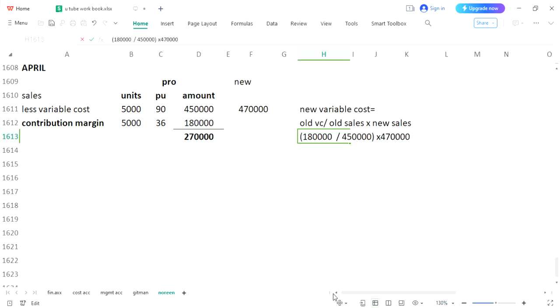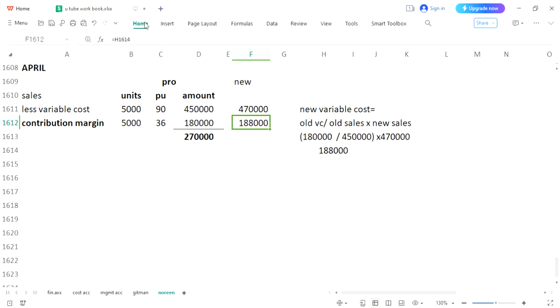We can now put it on the calculator. 1,80,000 divided by 4,50,000, multiplied by 4,70,000. So we have got our new variable cost, which is 1,88,000. Put it over here.